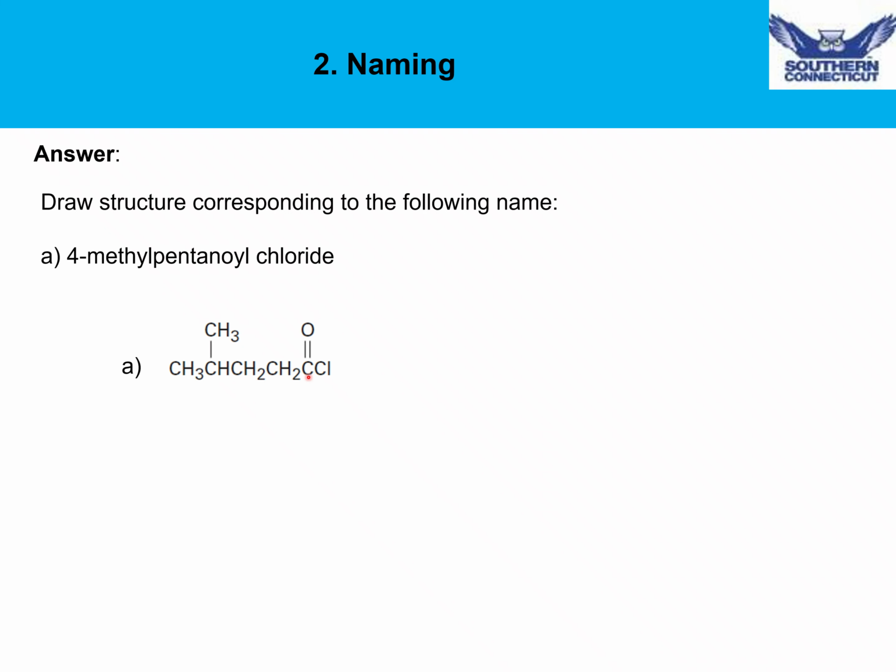So carbon 1 on the carbonyl, carbon 2, the CH2, another CH2, another carbon, and then a CH3. So 5 carbons in the parent name. We also have a substituent on carbon 4, which is a methyl group. So the carbonyl is carbon 1, and counting down, this carbon here is carbon 4, which has a methyl group. So this is the structure that we're looking for.